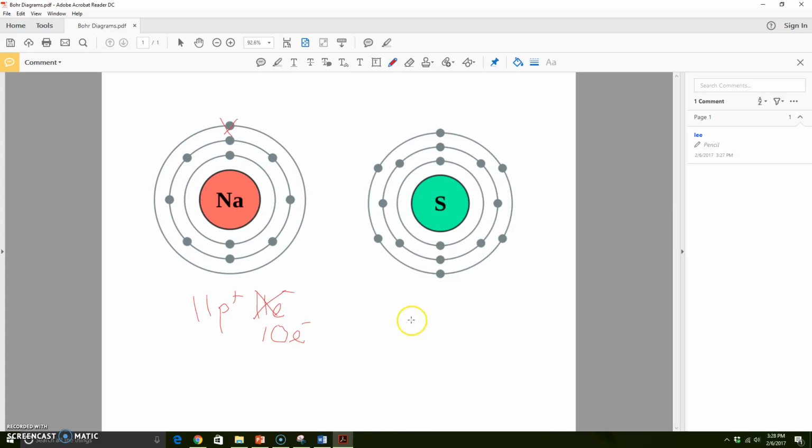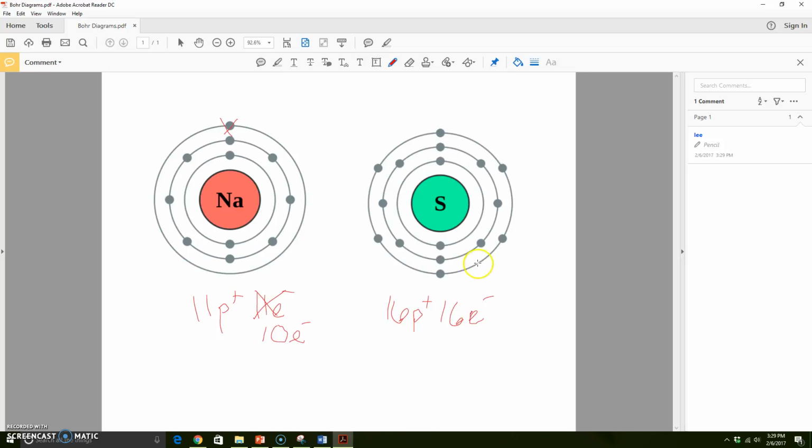Now let's look at an example of an atom that forms a negative ion in sulfur. Sulfur has 16 protons in its nucleus and then 16 electrons, 2 in the first energy level, 8 in the second, and 6 in the third. With the 16 protons and 16 electrons, sulfur is typically a neutral atom.